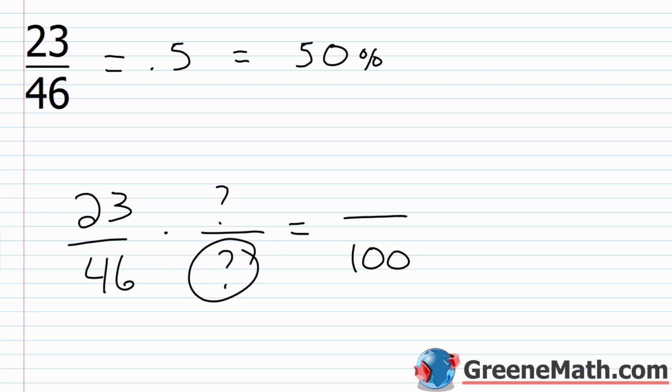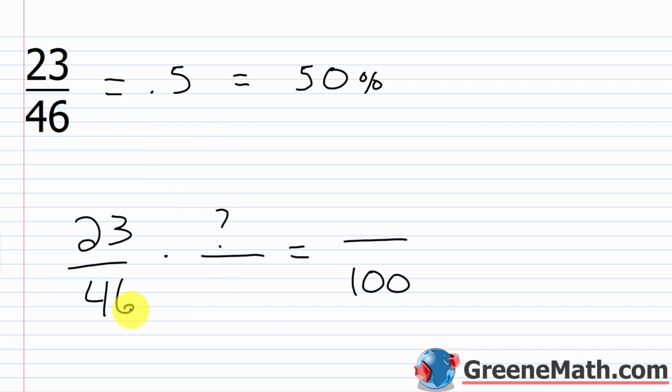So let me just go down to a scratch sheet here. So 100 divided by 46. What is that? Well, we can divide it out and kind of get a decimal, or we can keep it as a fraction. If we actually go through and get the division, we're going to get a number that we don't want to mess with, right? It's very, very messy. So let's just keep this as 100 over 46, and I'll show you how you can kind of use it this way.